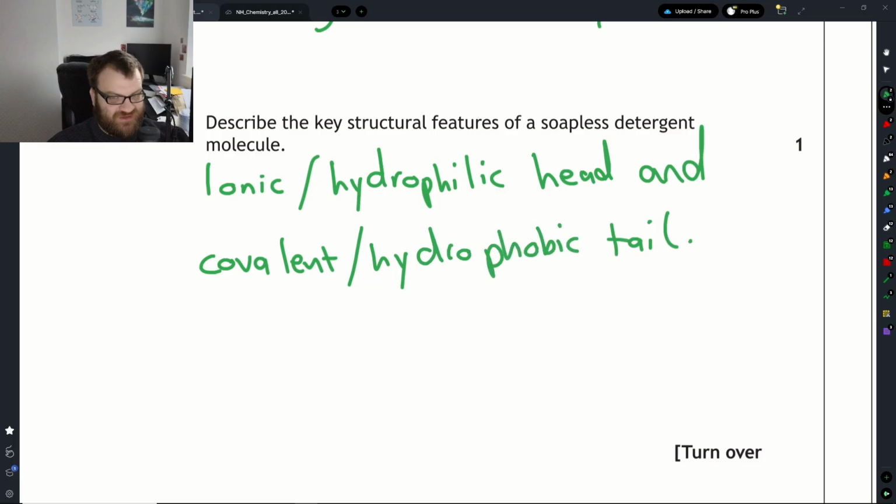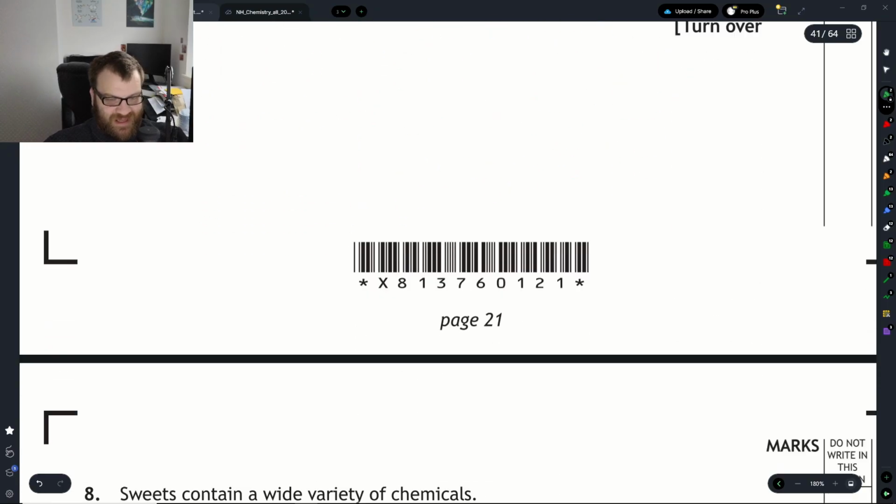So it allows the head to dissolve in the water, and the tail to dissolve in the fat or the oil. You could also talk about solubility, so water soluble head and non-water soluble, or oil, fat soluble tail, something like that. Pick up the mark.